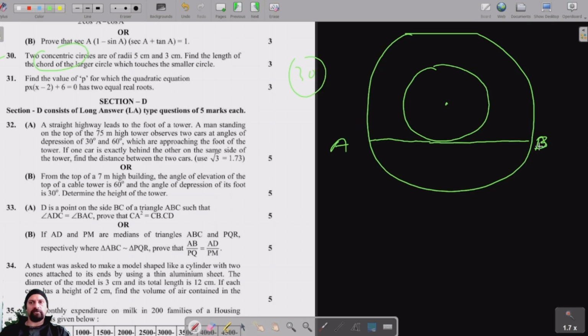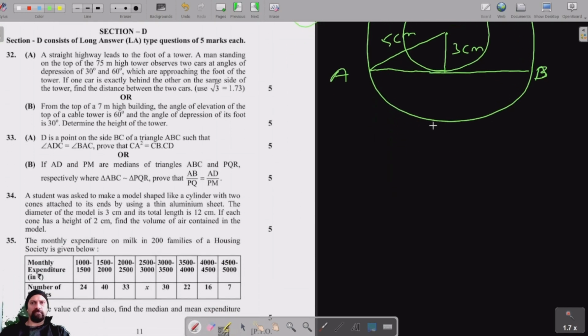So this is a chord for the bigger one, and for the bigger one the radius is 5. Now the radius of the smaller is 3. So for the smaller circle this chord is a tangent. And we have to find the length of the chord.